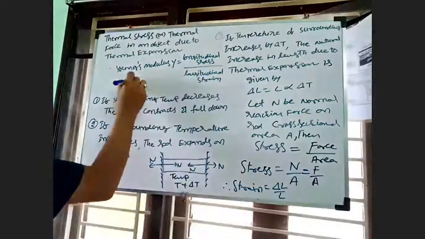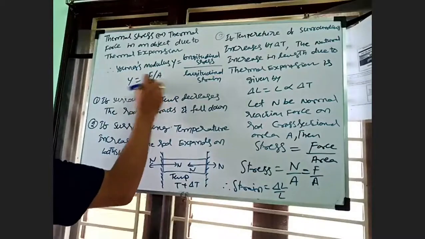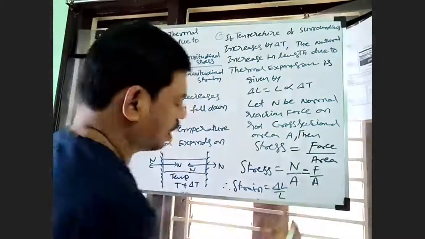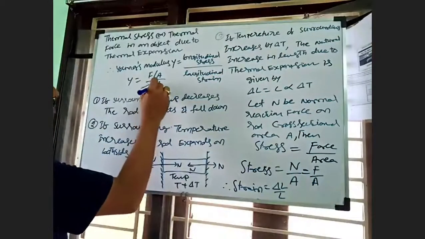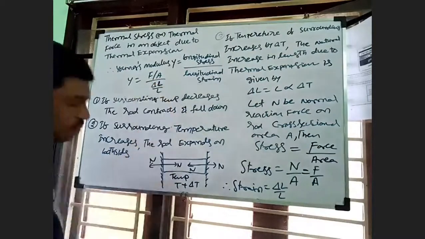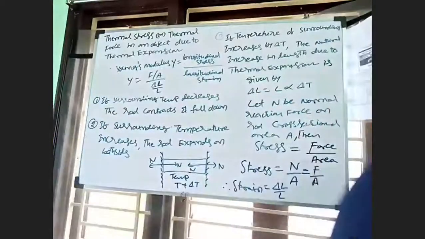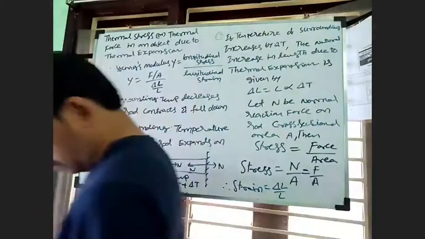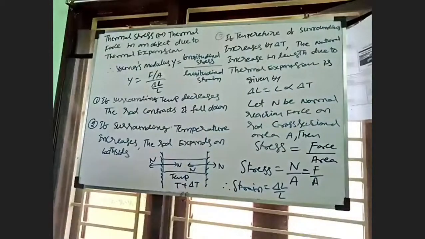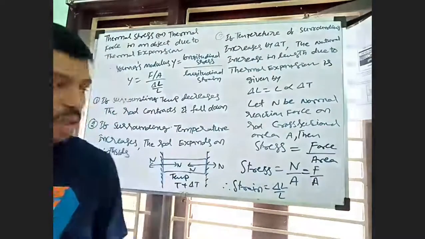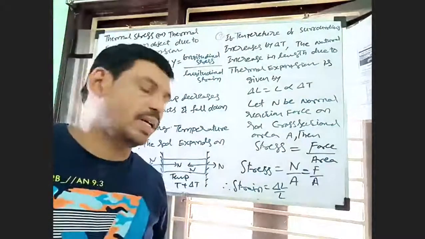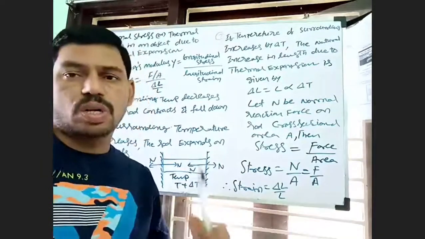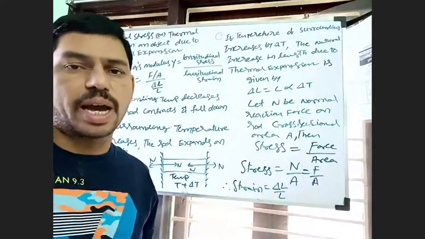So Y is equal to F by A by delta L by L, that is, F by A divided by delta L by L. Within the elastic limit, the ratio of longitudinal stress to longitudinal strain is called Young's modulus.